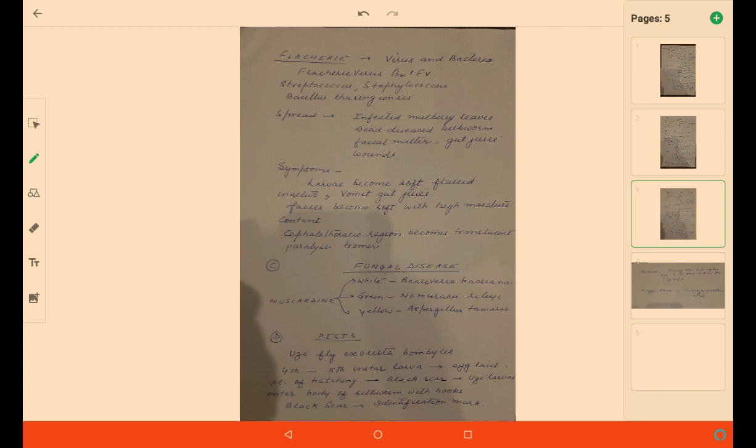Among them, the Uzi fly, called Exorista bombycis, is of prime importance. It enters the larva, and where it enters, a black scar is created. The Uzi larva enters the body of the silkworm with hooks, through which it pierces the body of the larva, and the formation of a black scar is the identification mark of infection by Uzi fly larvae.